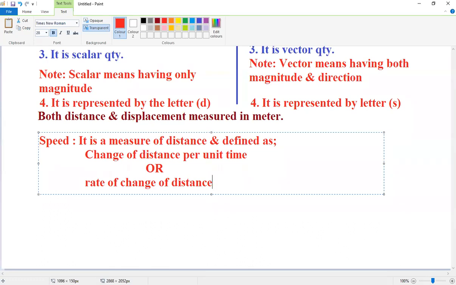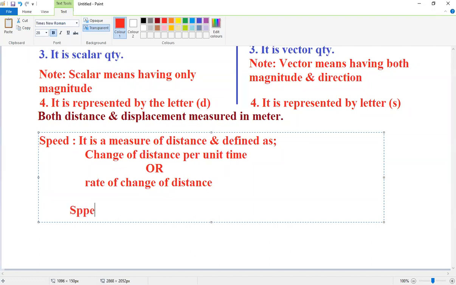In a mathematical way we can write speed, capital S, is equal to rate of change of distance, which is distance upon time, written as d by t.